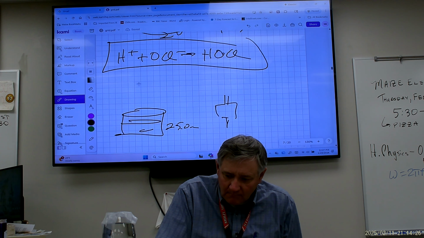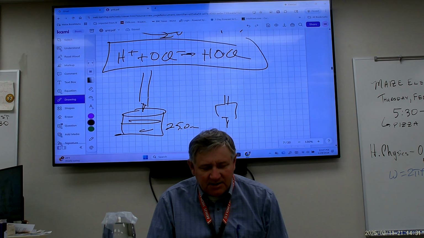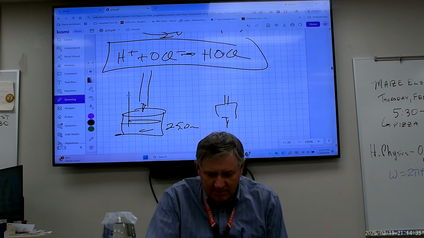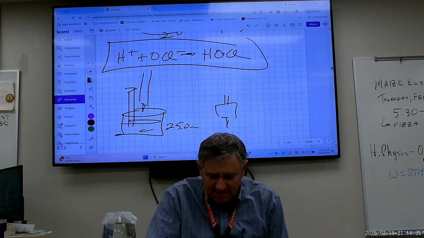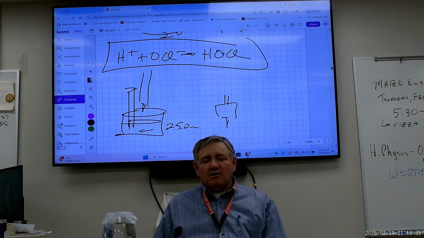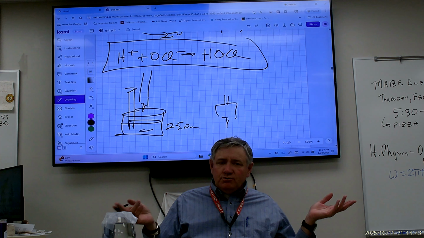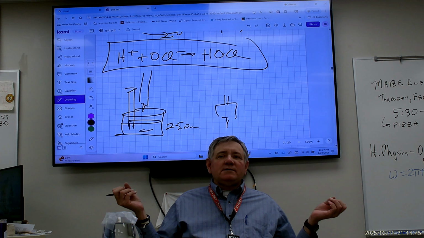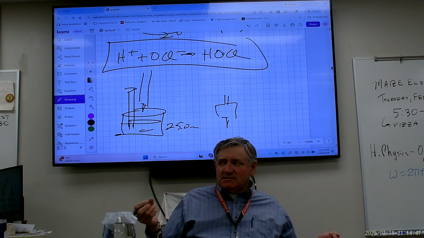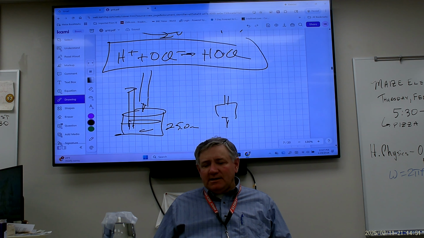So you're going to add sodium hydroxide, just like you've done before, and you're going to measure the pH, and you're going to want to generate a curve. The beauty of this one is that you know what the concentrations of the acid and the base are. So now you're at least going to have a better idea.